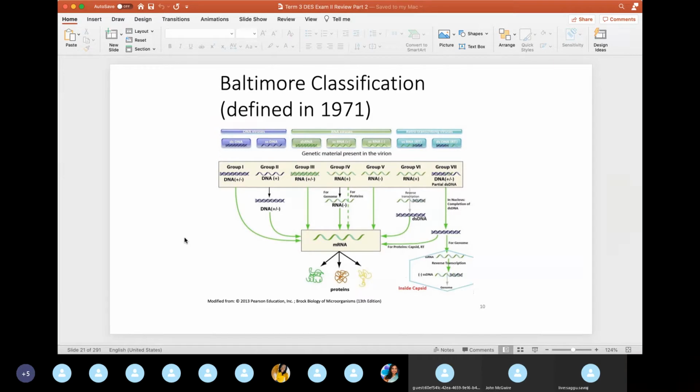Group 4, positive single-stranded RNA. Group 5, negative single-stranded RNA. Group 6, single-stranded RNA, you need to have a reverse transcriptase. And group 7, these are your partial double-stranded DNA. Okay, they also need reverse transcriptase. So we're going to go over each Baltimore group next.